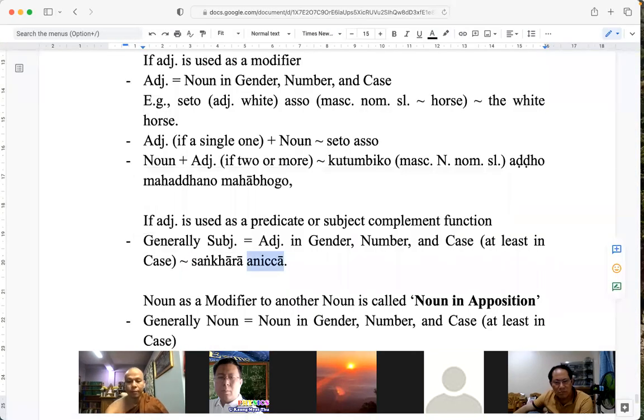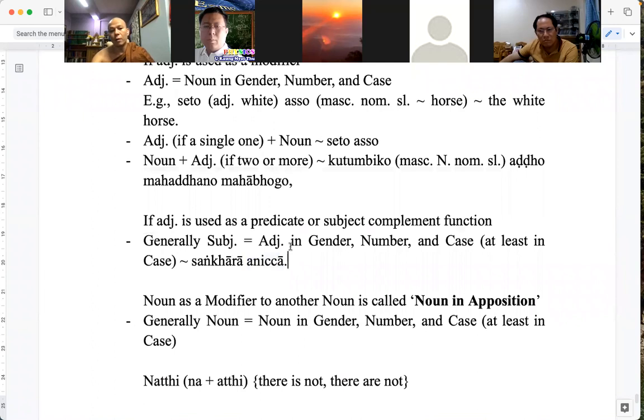Now Sankhara is nominative case, plural, and masculine gender. The adjective can be of three genders, but follows the noun Sankhara. So aneja is nominative case, plural, masculine. It has a chance to differ in gender and number, but at least the case must be the same.